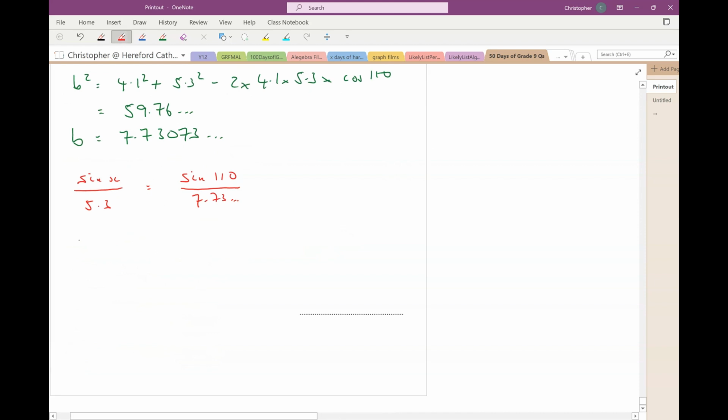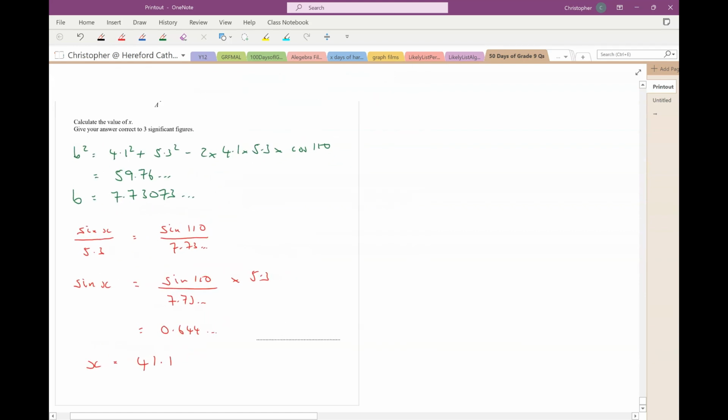So that means sine of x is going to be sine of 110 over 7.73 and so on, times 5.3. I can get the sine of x on my calculator. That's about 0.644 and so on. Shift sine, equals, and I find that x to three significant figures is 41.1. And that is question 50 finished.